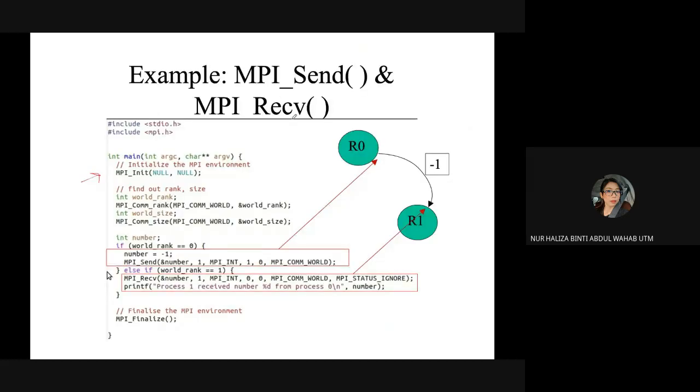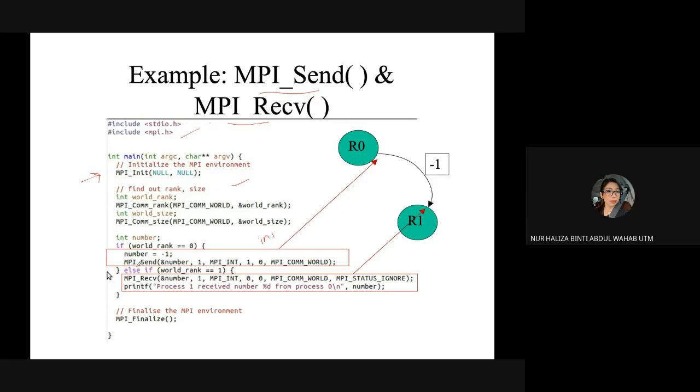Then you can see you're going to use your MPI send and MPI receive. You have all the libraries, your declarations, and later on you will see how you instruct the program to send the message.